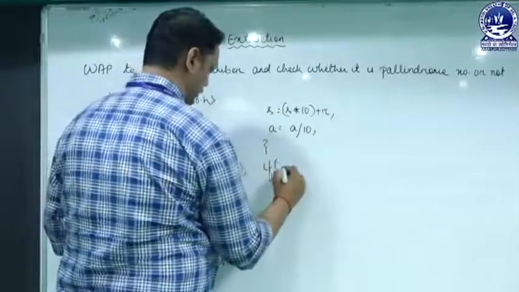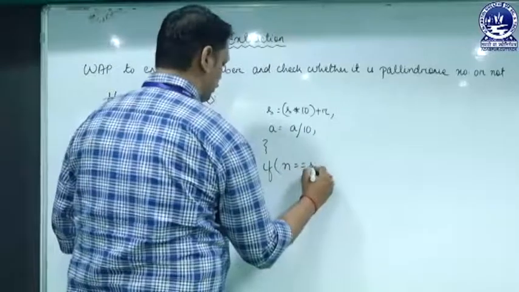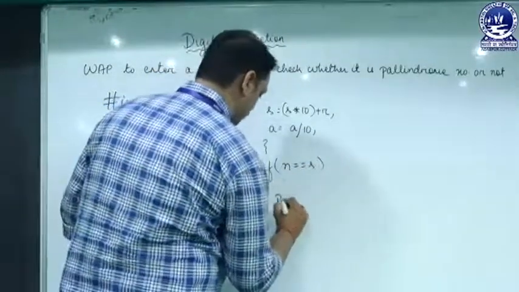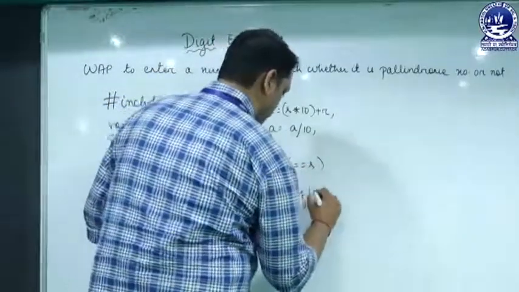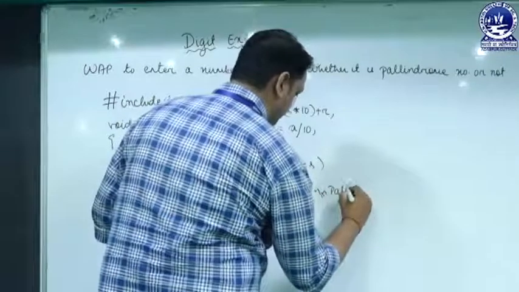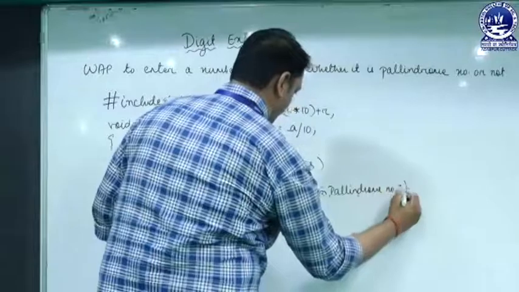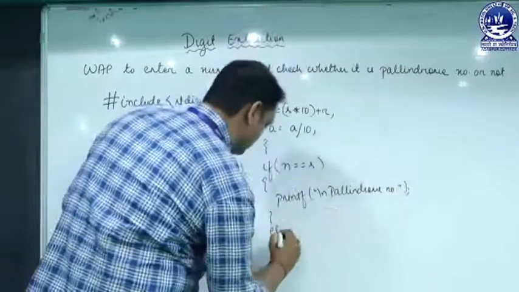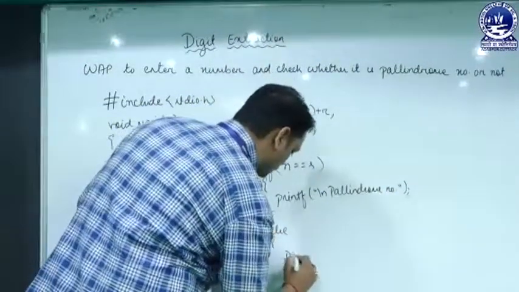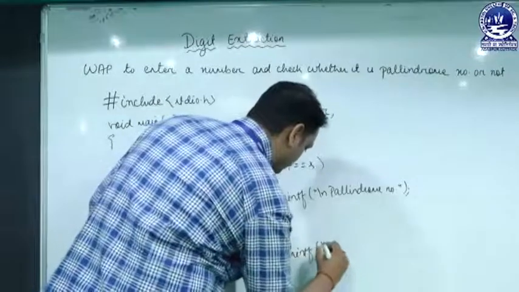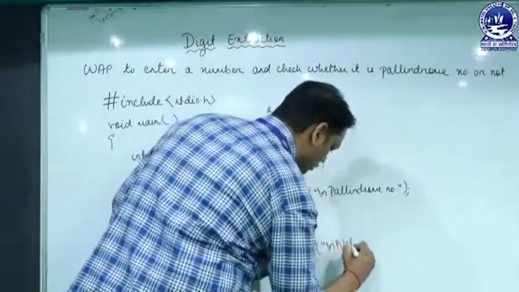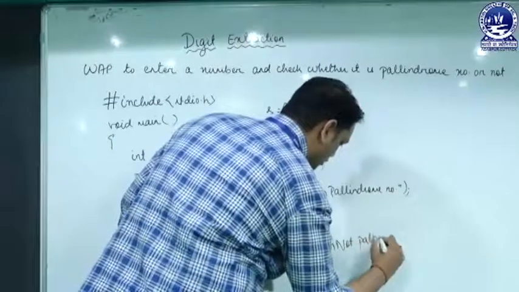Now it will check whether the value of n is equal to s, then it will print palindrome number, else it will print not palindrome number.